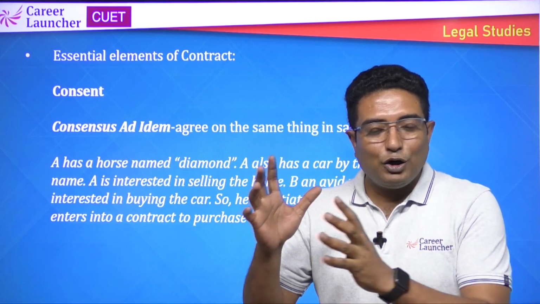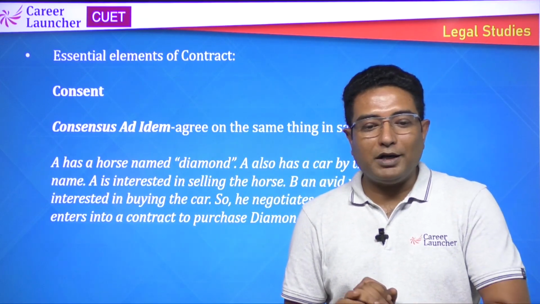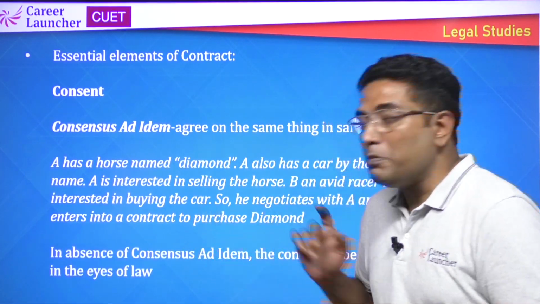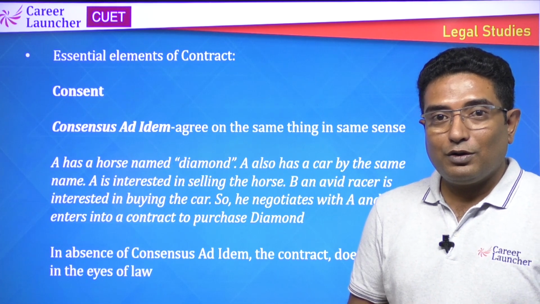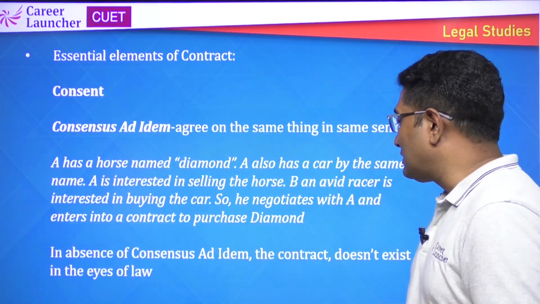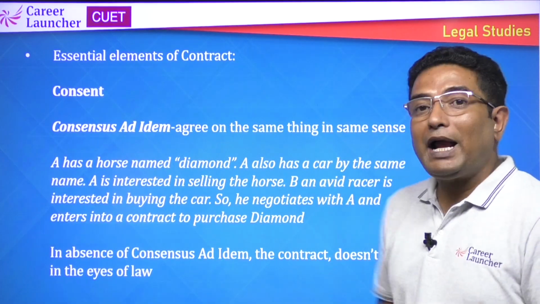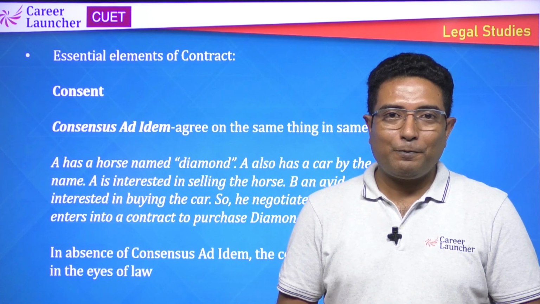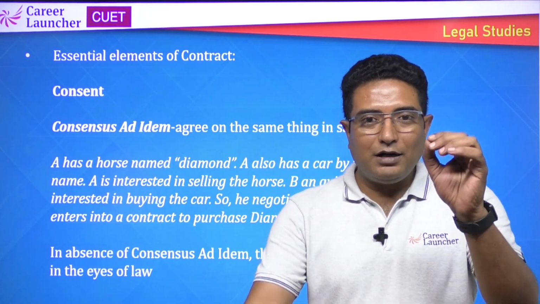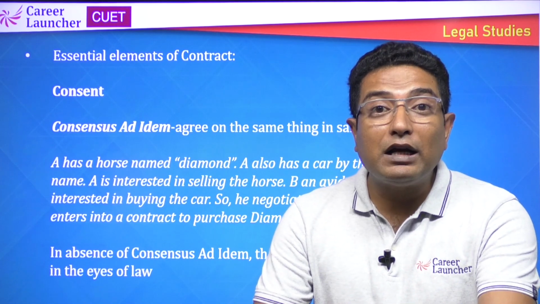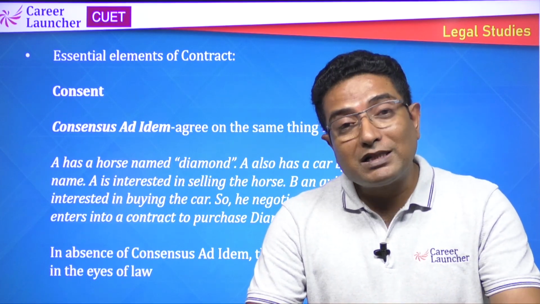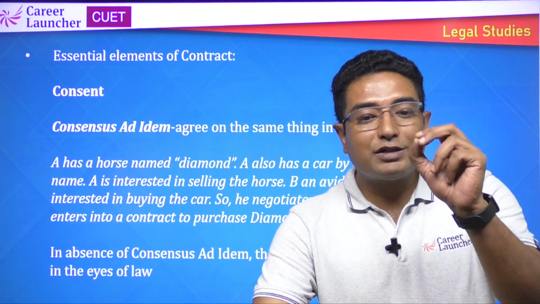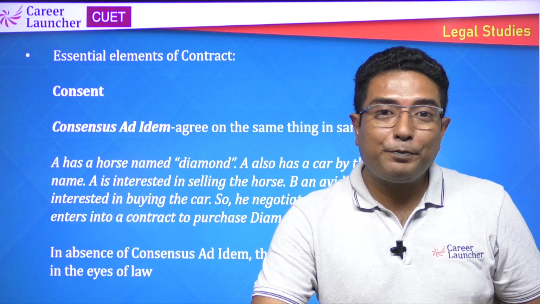So there is no agreement between the two parties. In the absence of consensus ad idem, the contract does not exist in the eyes of the law. So consensus ad idem is a very important concept which you must understand and remember. If that is missing, there is no consent.